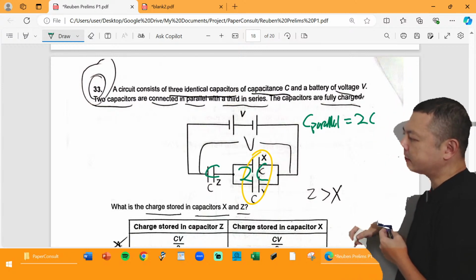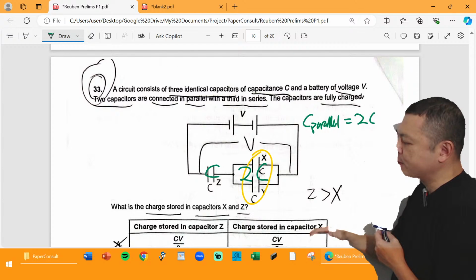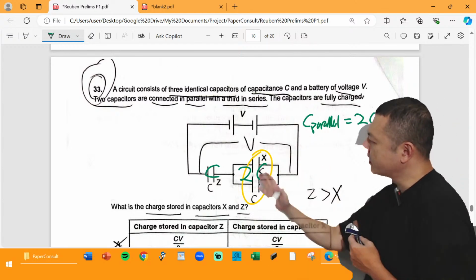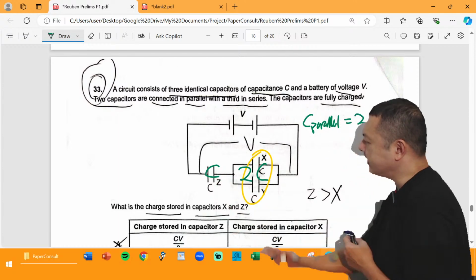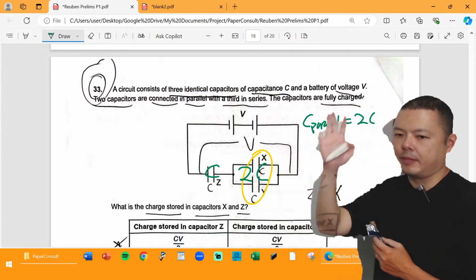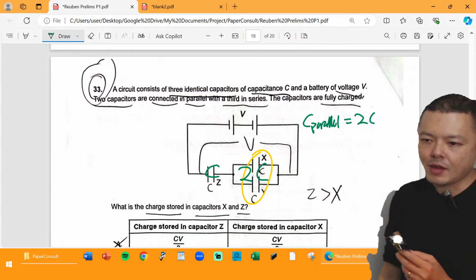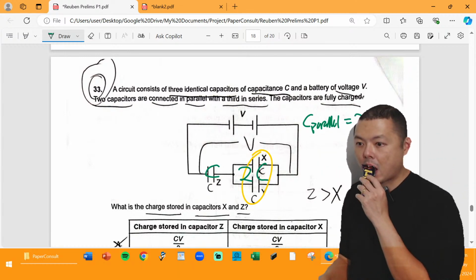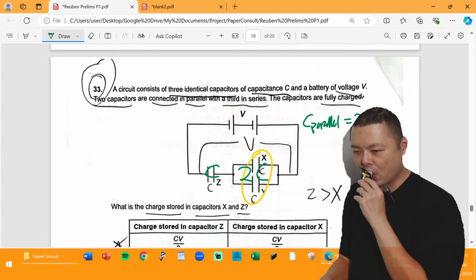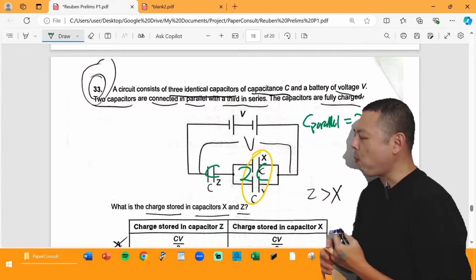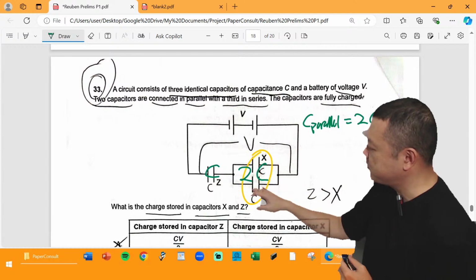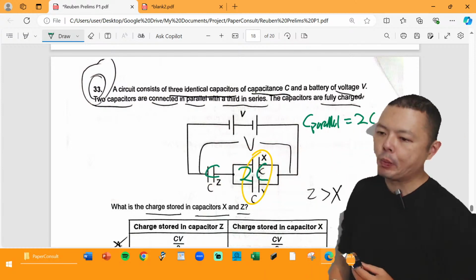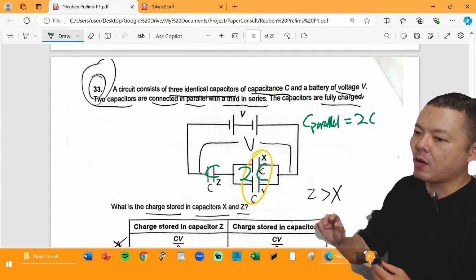Before you go any further, you must understand that the charge in this and the charge in this combined one is the same. You have to memorize that. The charge in 2C is the same as the charge in C. The total charge of this combined capacitor is the same amount of charge as C. Why?